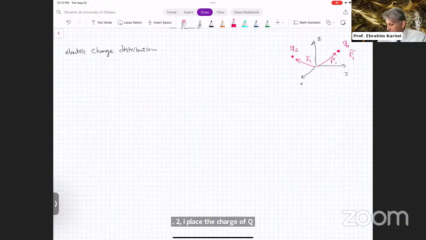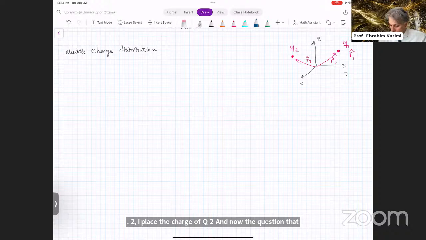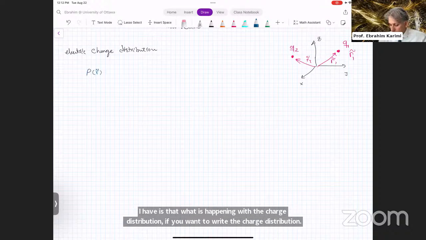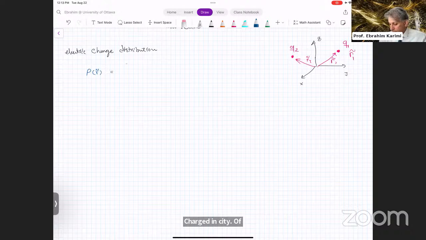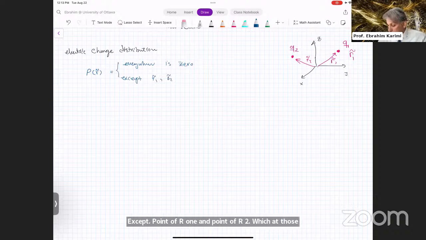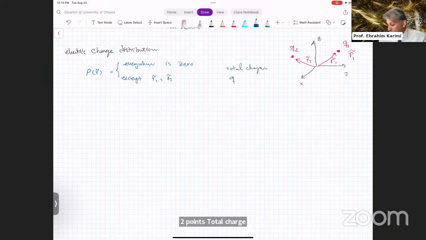And now the question that I have is, what is happening with the charge distribution? If you want to write the charge distribution, the charge density, of course, everywhere is zero, except 2 points. Except the point R1 and the point R2, at which the total charges are equal to Q1 and Q2.